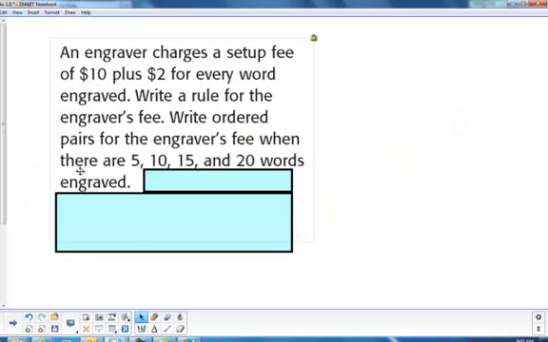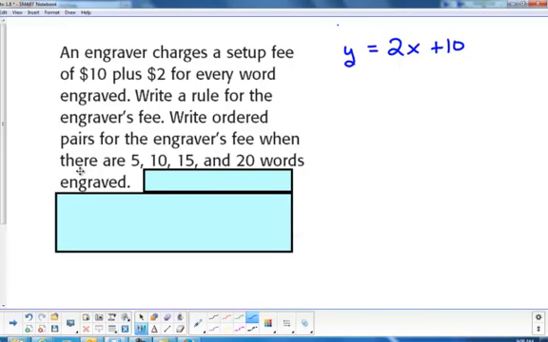All right, an engraver charges a setup fee of $10. So $10 is our constant. Andy's going, or she, is $2 for every single word. So 2x plus 10. I can make that equal to y. I could write f of x is 2x plus 10.